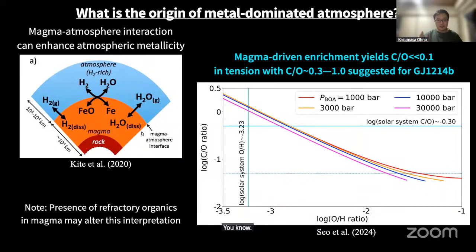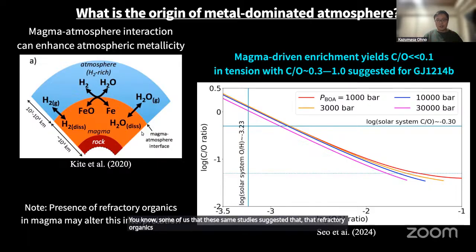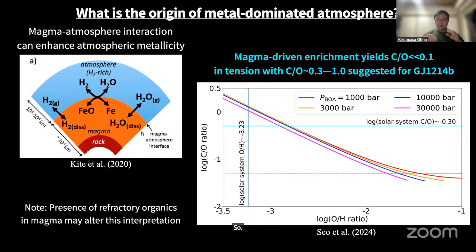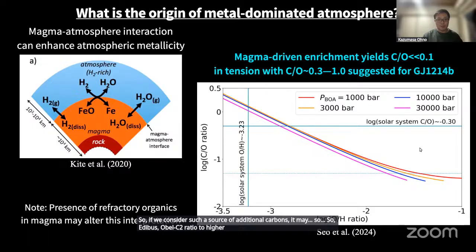Some recent studies suggested that refractory organics, like cometary organics in the protoplanetary disk, may be incorporated into the planetary interiors. If we consider such an additional source of carbon, it may elevate the overall C/O ratio to a higher value to match the C/O ratio we suggest for GJ1214b.